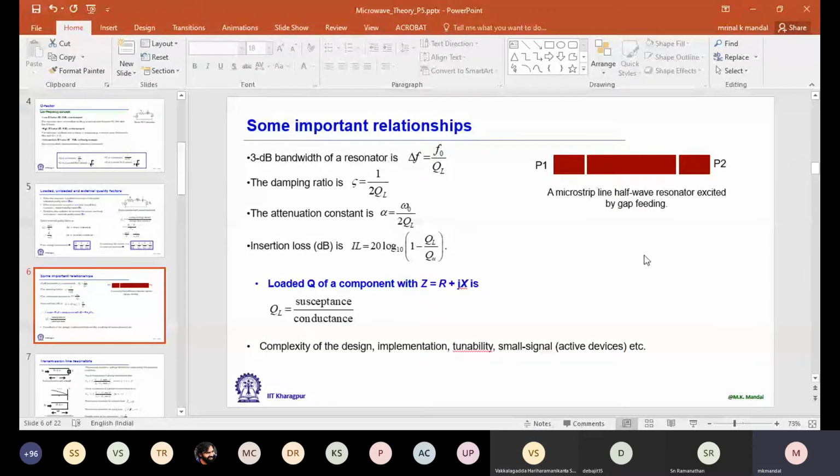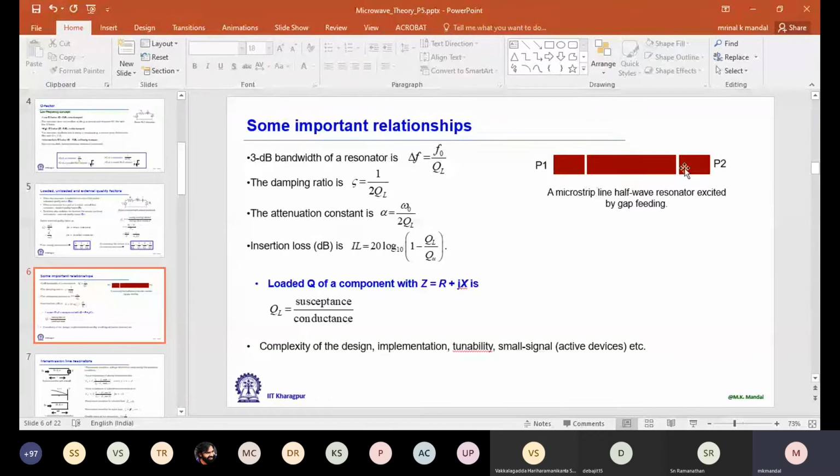So in this example, you can see that we are using a microstrip line resonator. This is just to explain the different quality factors again, and why I am putting so much importance on different quality factors, because there will be many phenomena related to them. Let me relate it to a microstrip line scenario.